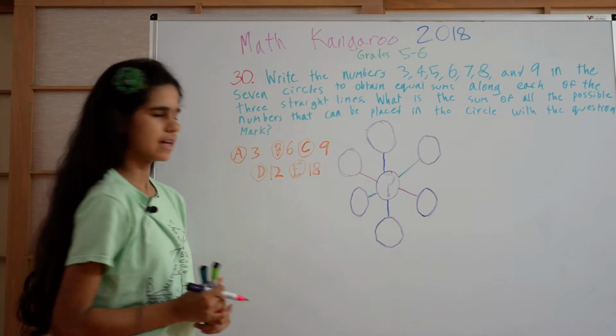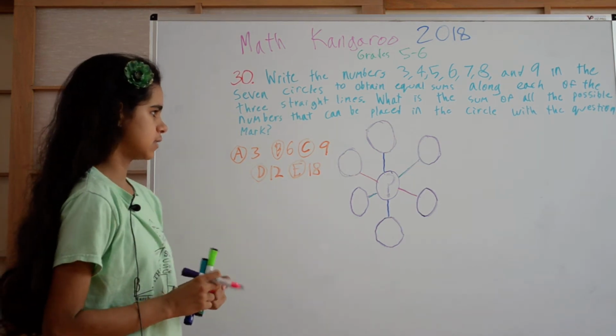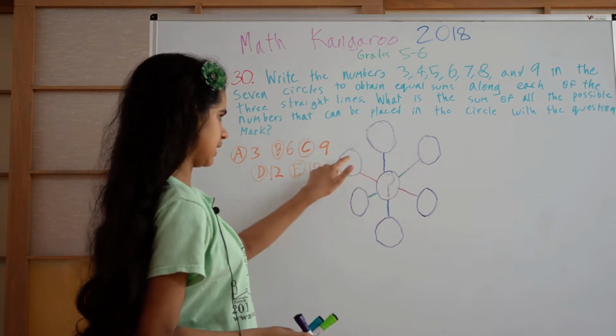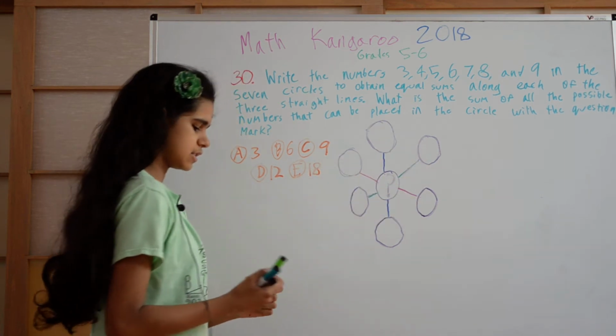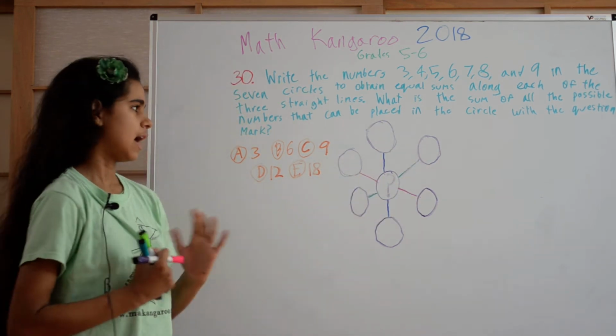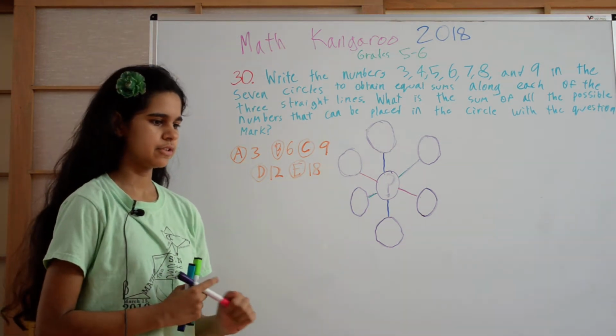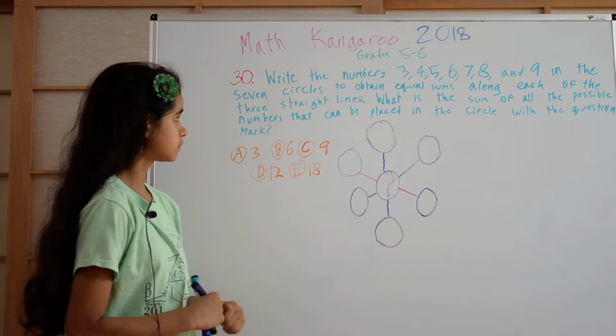And each of these lines has 3 circles. So the blue line has these 3, the green line has these 3, and the pink line has these 3. And all 3 of the lines have the question mark circle in the middle and 2 other circles, and the other circles are only in one line.